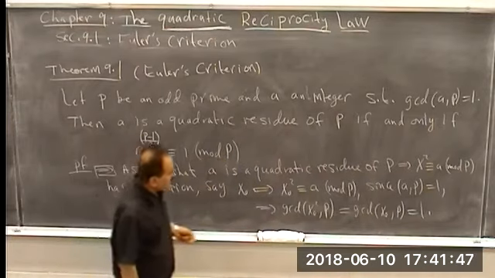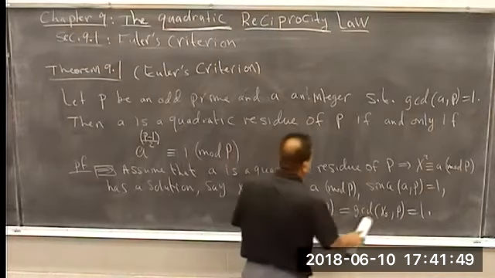Now we're going to apply Fermat's theorem to this integer x sub 0.